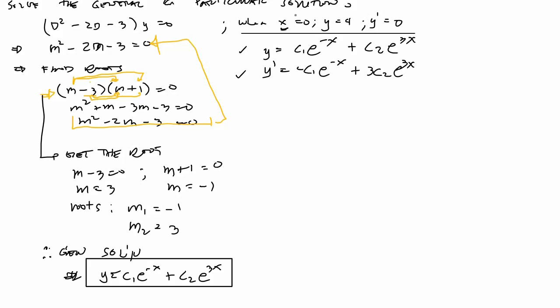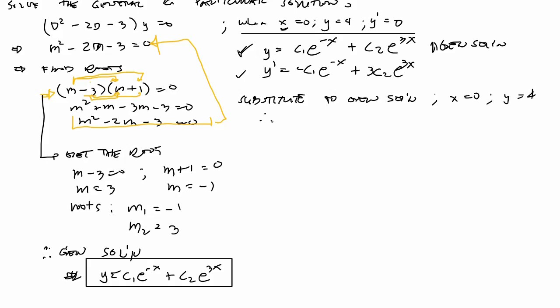Let us now substitute the values. Substitute into our general solution our initial condition that x is equal to 0, y is equal to 4.